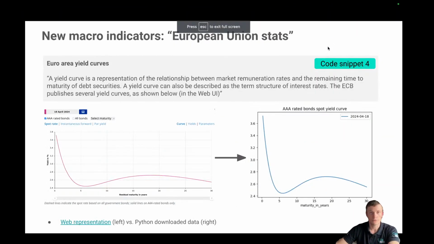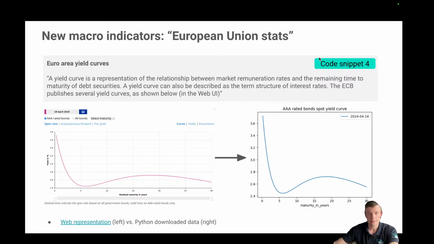Let's go on. This is a new data set from the European Union. It is quite similar to what we discussed last time about Fed prices or the US government interest rate curve.